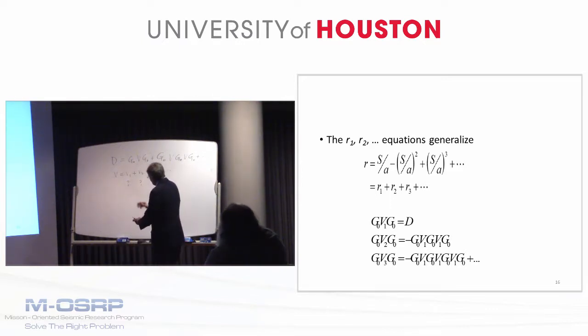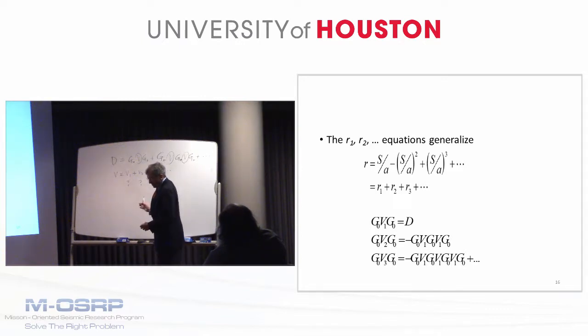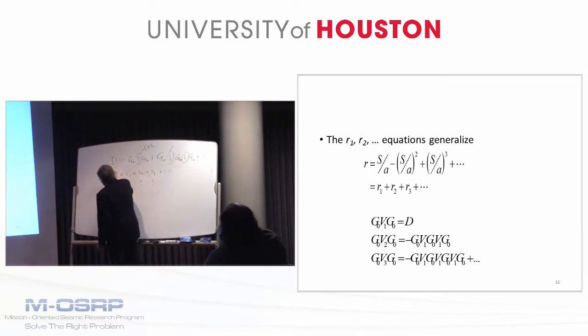If you substitute this form into the forward series, every time you see V, write V1 plus V2 plus V3, and so on, everywhere, and then set terms equal order in the data equal, you get those equations. In other words, this one will have V1 plus V2 and so on. This is linear in the data.